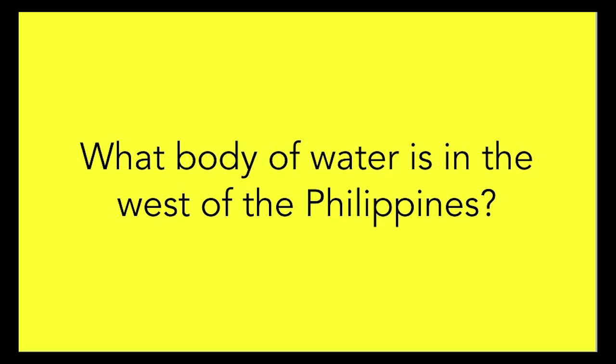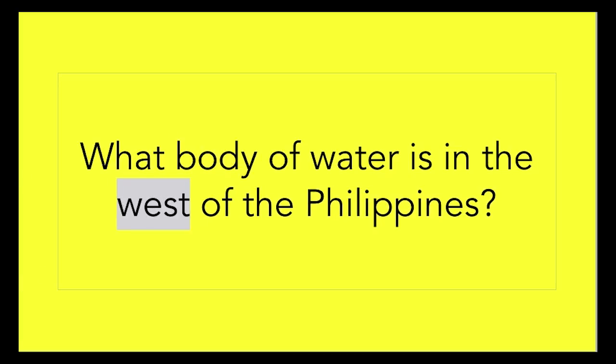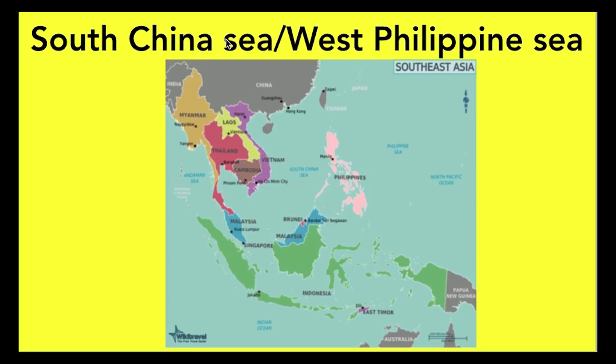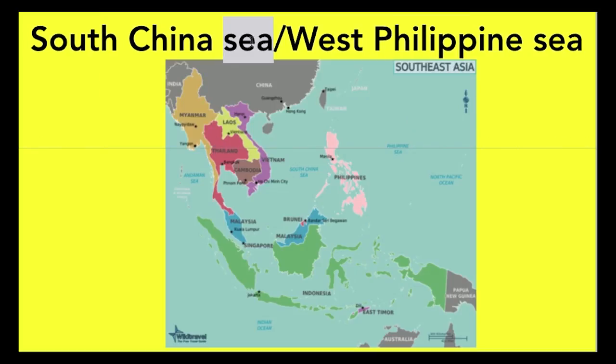Next, how about west of the Philippines? What is that ocean? Yes, the west of the Philippines is the Philippine Sea, also known as the South China Sea, depending on whose perspective that is. And also on the north is the Philippine Sea, or South China Sea.